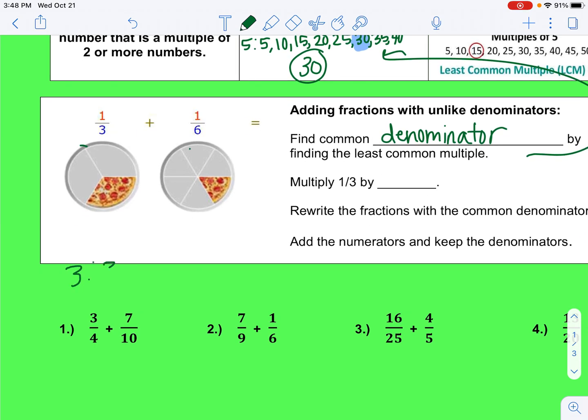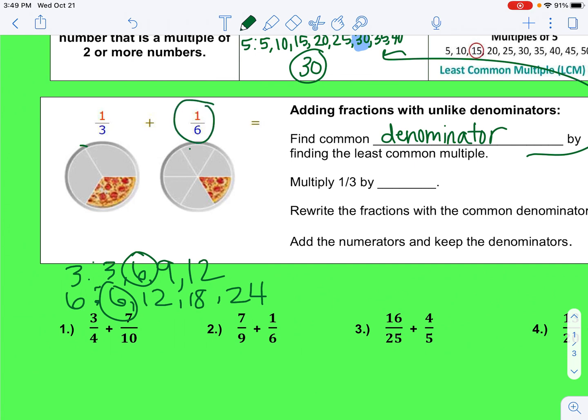Let's start counting by threes. 3, 6, 9, 12. Now let's do the same thing with 6. 6, 12, 18, 24. Which one do they both share that is the smallest number? Right, they both share this 6.